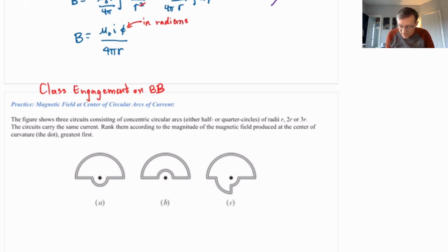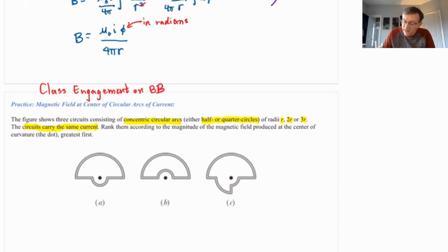They consist of concentric circular arcs, which are either half or quarter circles. And these arcs have either a radius r, 2r, or 3r. So smallest, middle, and biggest. Okay? The circuits all carry the same current.